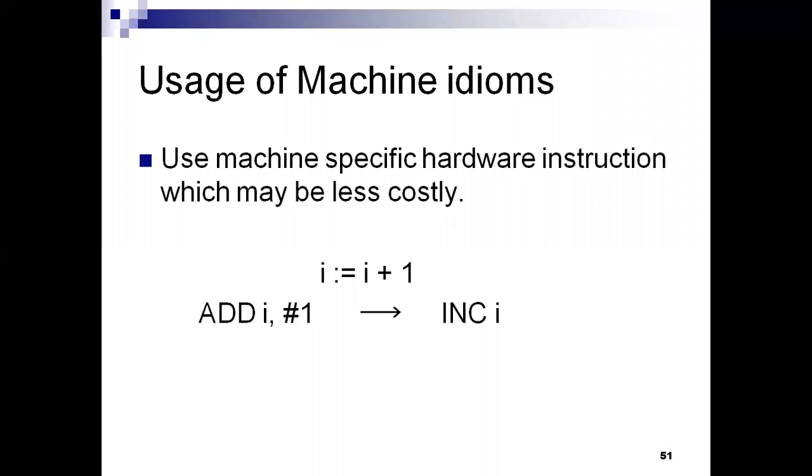I think you all know what auto increment and auto decrement is. If some machines have auto increment or auto decrement addressing modes, those are used to perform add or subtract operations. And here my example is auto increment.